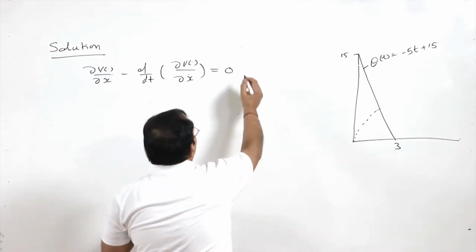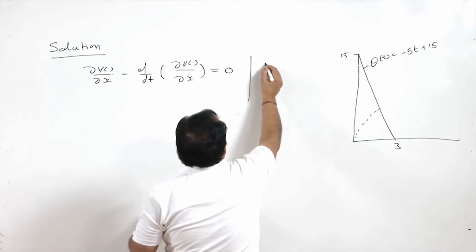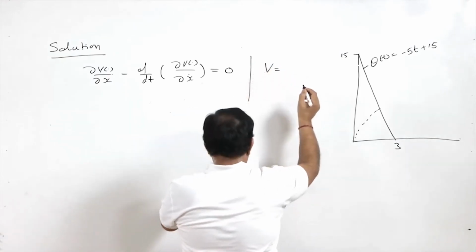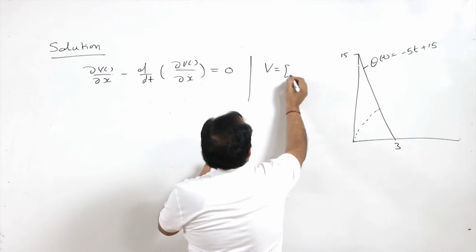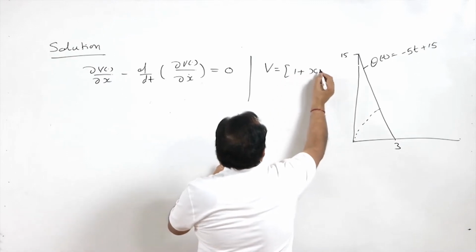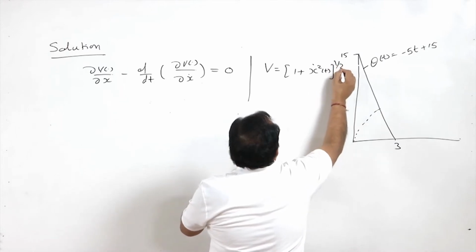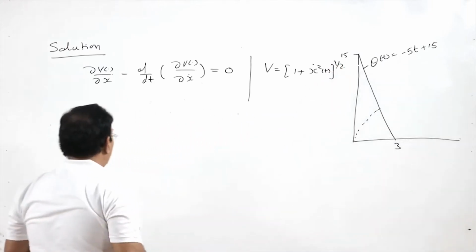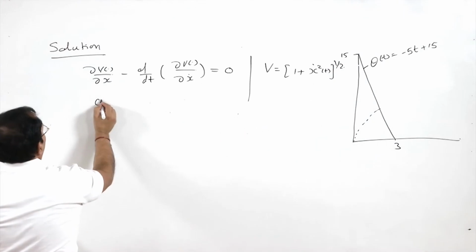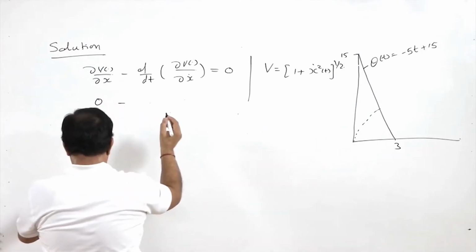In this case, my v is (1 plus x dot square t) to the power half. So, del v by del x is 0, we have already solved this problem.